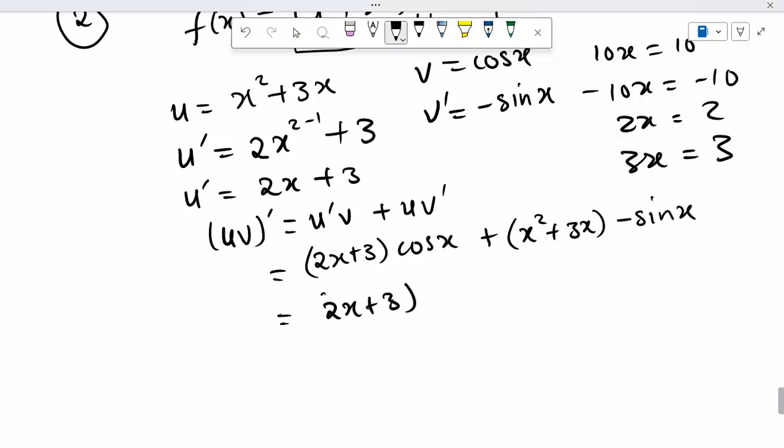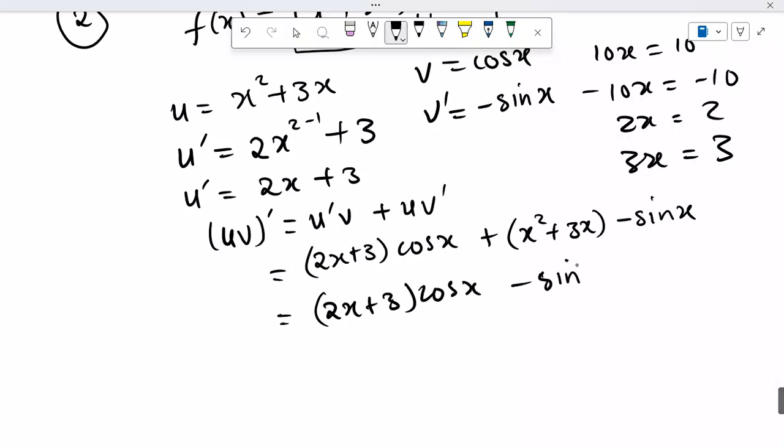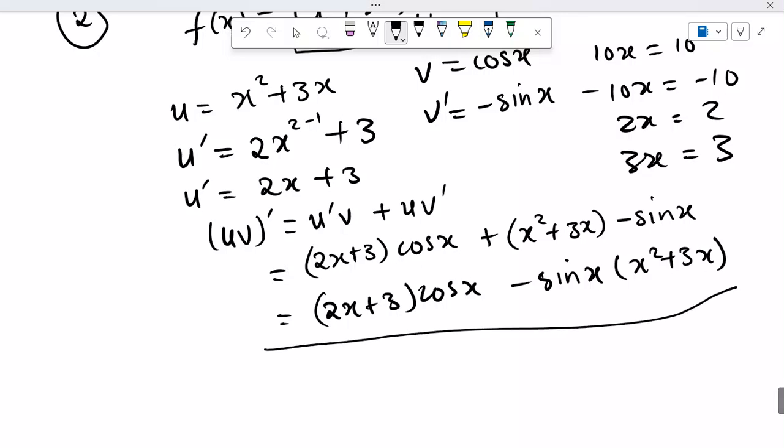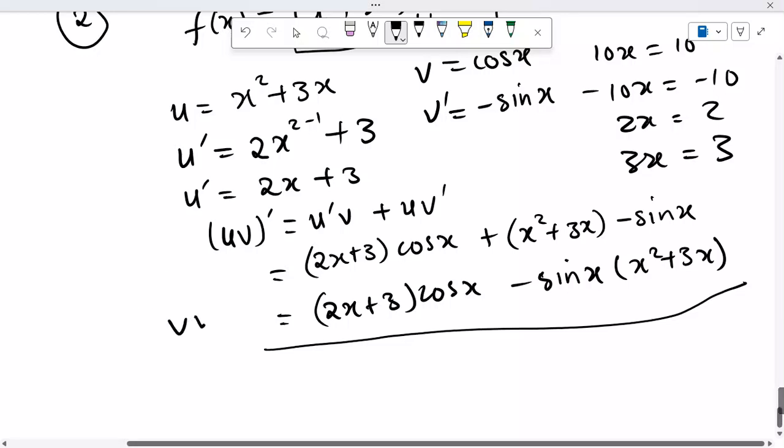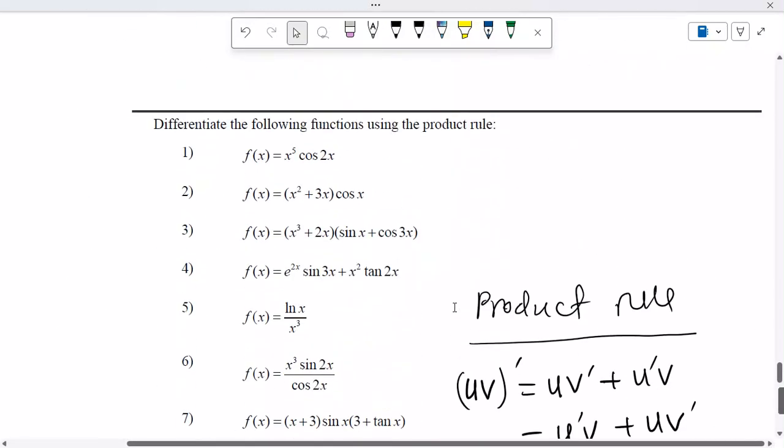No need of simplifying it further, minus sine x, and then you have this x squared plus 3x. Okay, so this is your answer. That's how you differentiate using product rule.